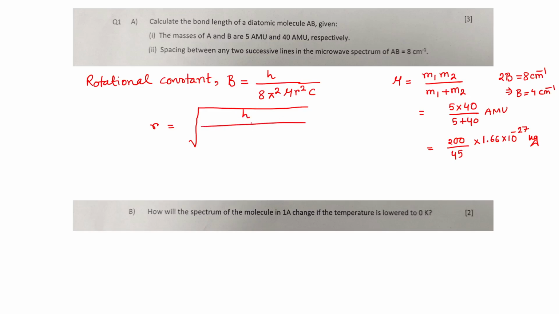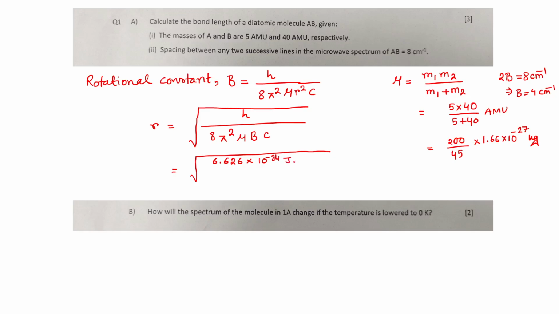h over 8 pi square mu B and c. What is h? Planck constant, yes. It's 6.63 into 10 to the minus 34 joule second.